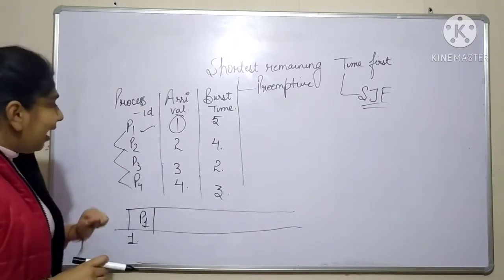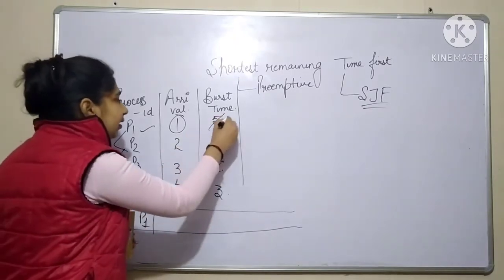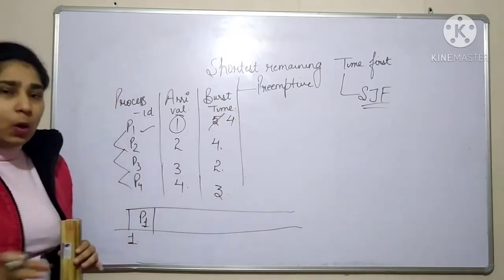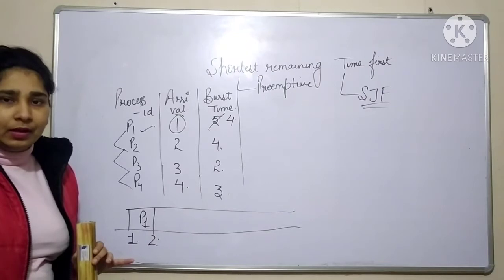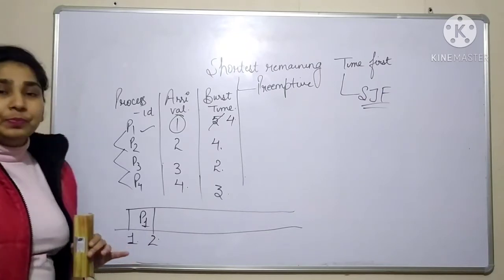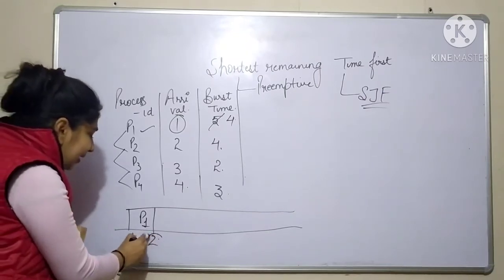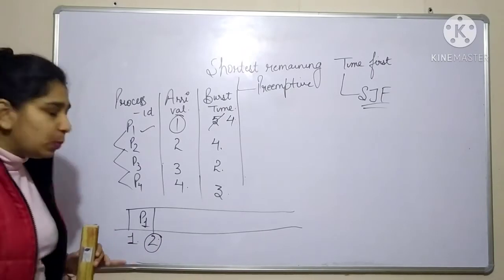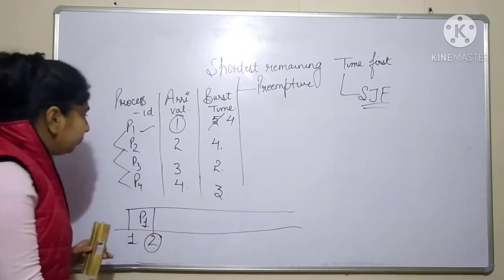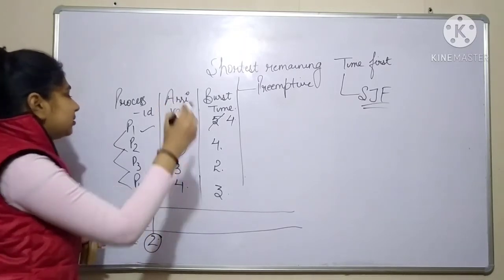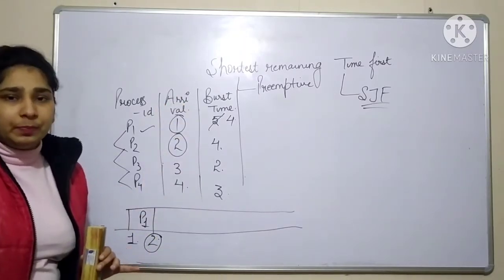Now I executed this process on the CPU for just 1 unit of time. When I executed my process P1 for 1 unit of time, at 2 one more process comes into the main memory.